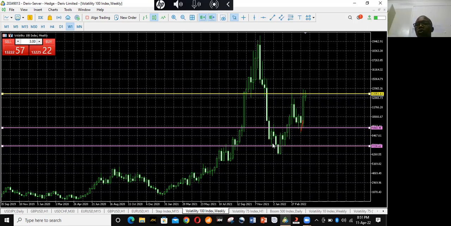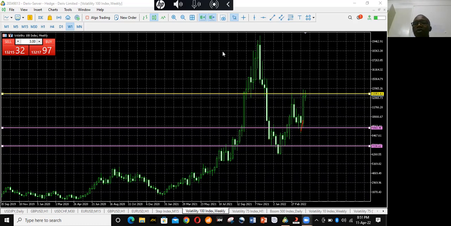So when that level has been tested once, and then the market reverses, what we call that price is a level only if it has been tested twice or more. That level has to be tested twice or more.